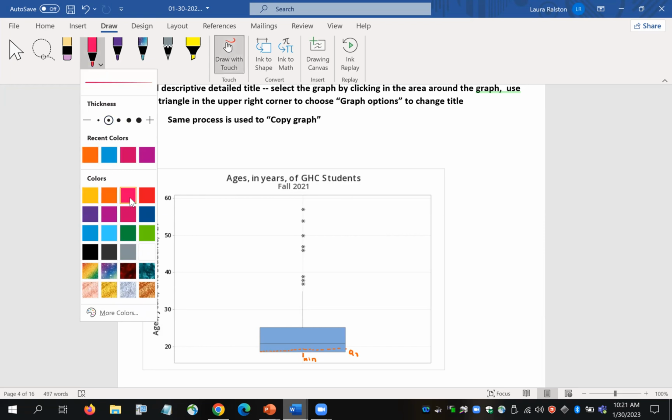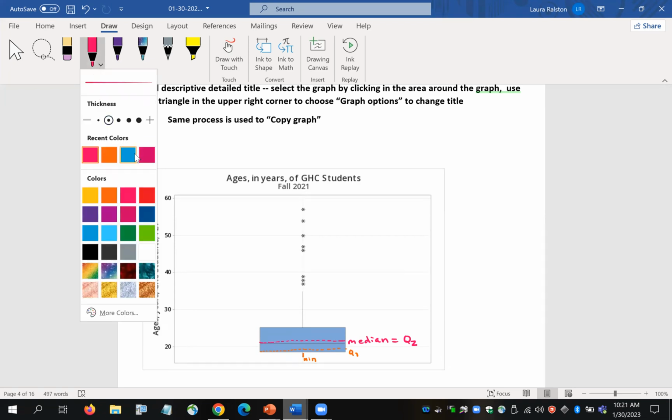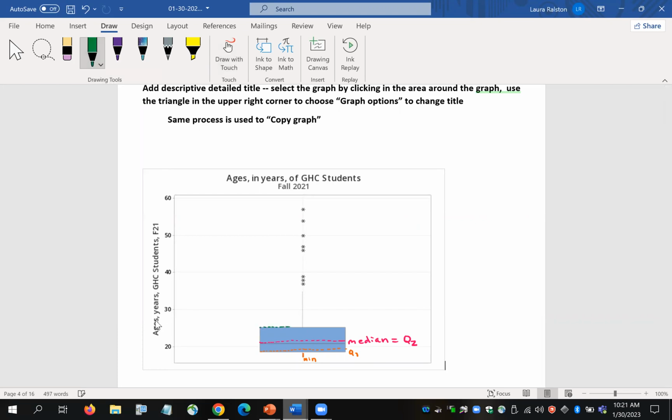The line in the middle of the rectangle is your median, which is the same as Q2. And then the third one there is Q3.